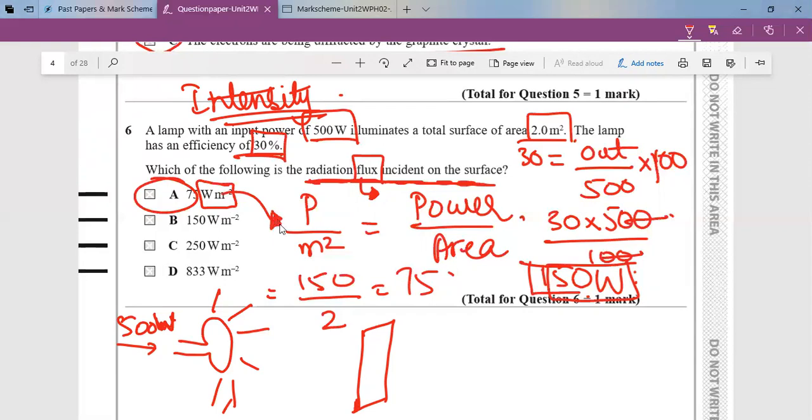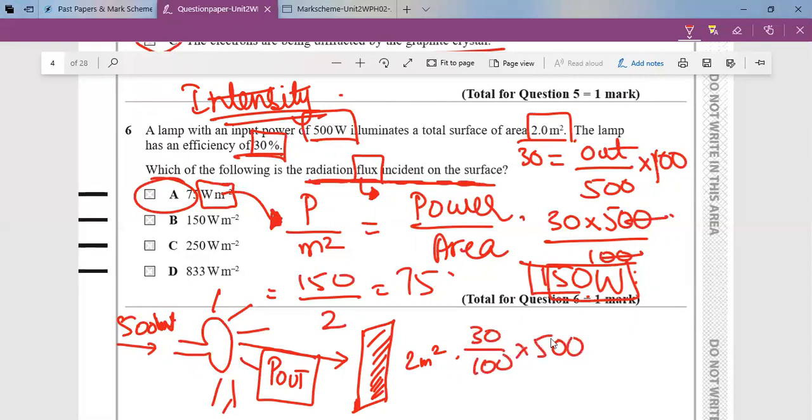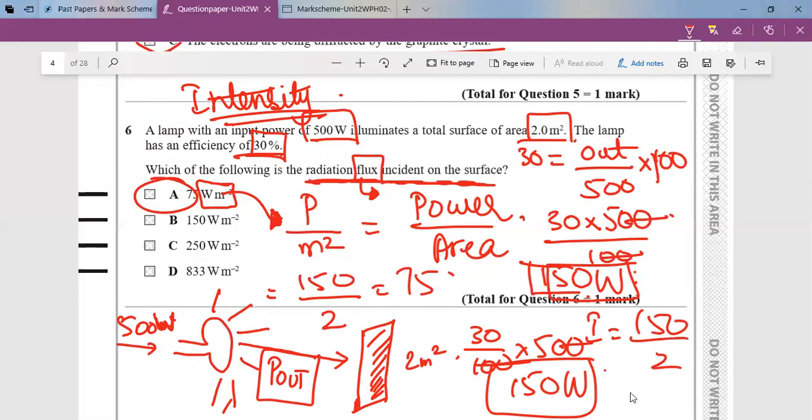So what's the intensity of light falling on this area of 2 meters squared? For that, we need to see how much power is being thrown on it. That's the power output, and according to the efficiency, it's going to be 30% of the original power. It's 150 watts. Now, if this is the power reaching this area, what's the intensity? It's power upon area, so 150 upon 2, which is 75. Get it?